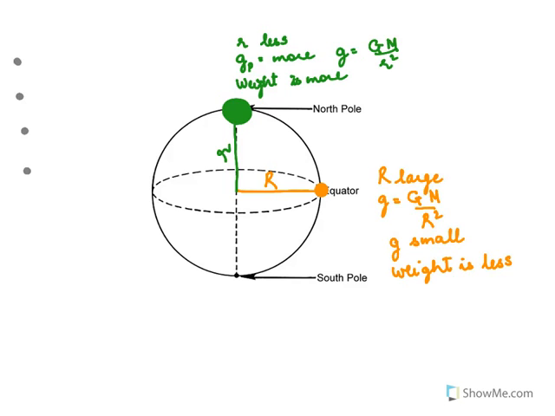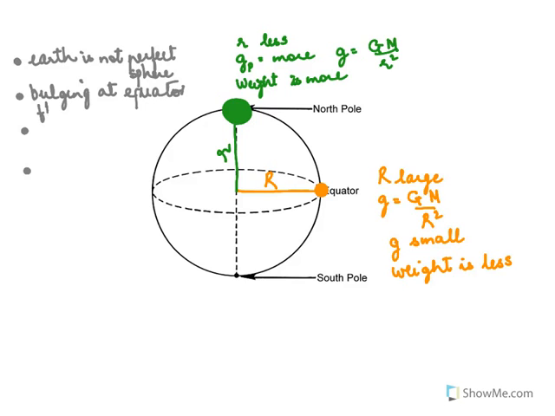And if you were to write this answer, these are the points you need to include. First, Earth is not a perfect sphere. First point: bulging at the equator and flattened at the pole.